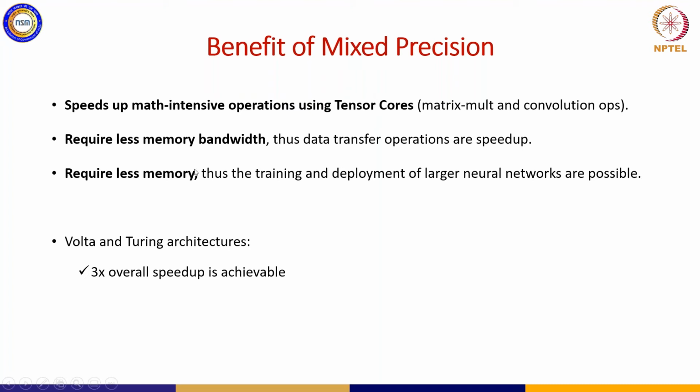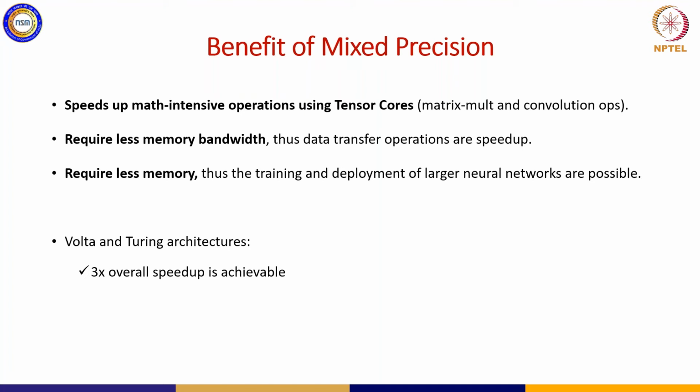And also it requires less memory bandwidth. So when it requires less memory bandwidth, you can transfer more data, and operations can be done in a short time. It also requires less memory, because operations are being performed in half precision mode. So if those operations are being performed in half precision mode, it requires less memory, and thus you can train large models very well.